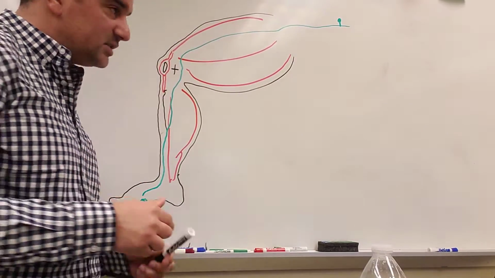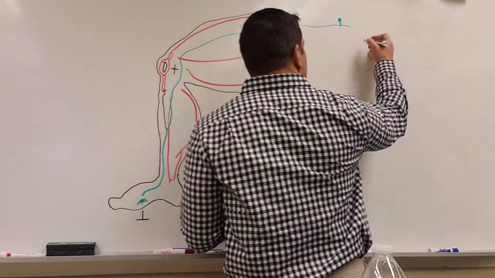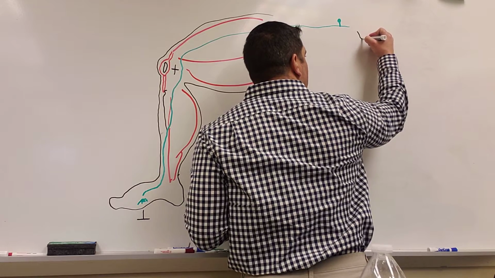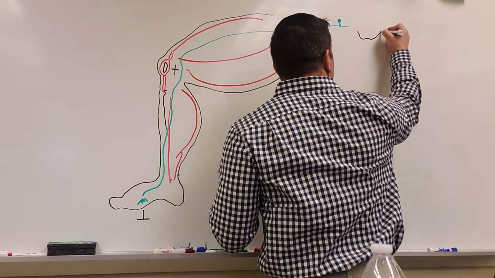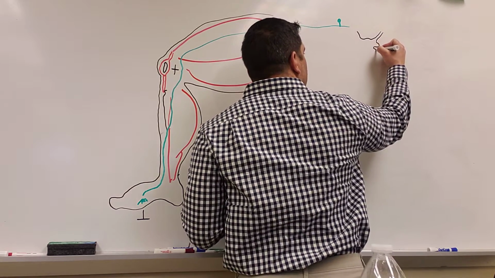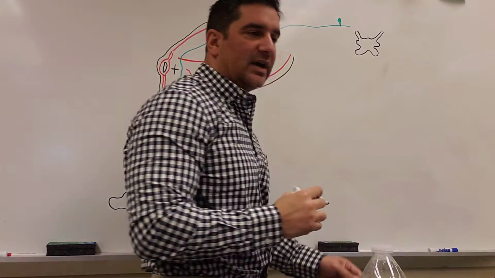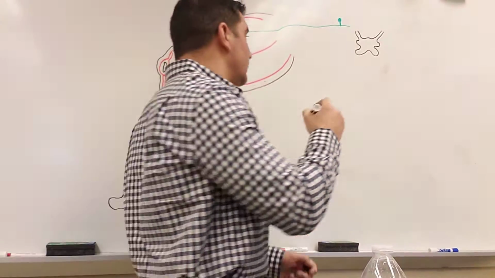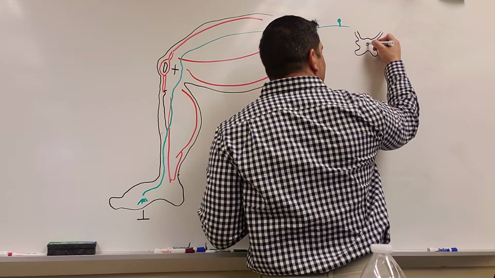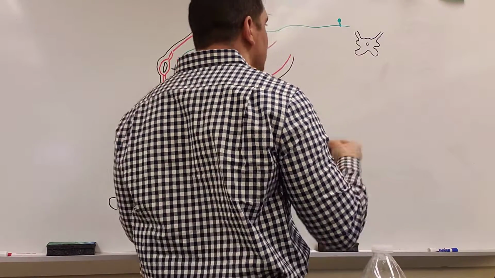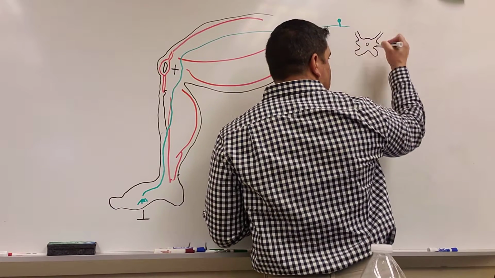So there's your dorsal root, and then there's your dorsal horn, lateral horn, ventral horn, lateral horn, dorsal horn. And you guys did really well on that yesterday, by the way. And then there's your central canal. Right? Now, this is your gray matter.